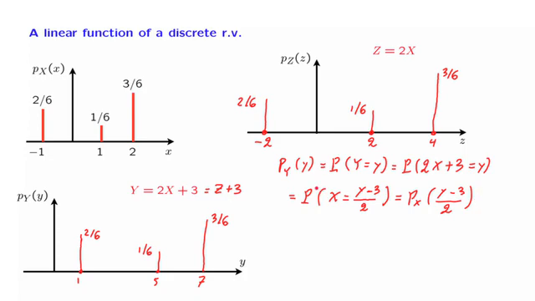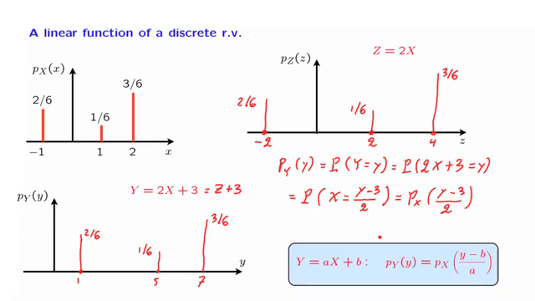So what this is saying is that the probability that Y takes on a specific value is the same as the probability that X takes on some other specific value. And that value here is that value of X that would give rise to this particular value little y. Now we can generalize the calculation that we just did, and more generally, if we have a linear function of a discrete random variable X, the PMF of the random variable Y is given by this formula in terms of the PMF of the random variable X. The derivation is the same.